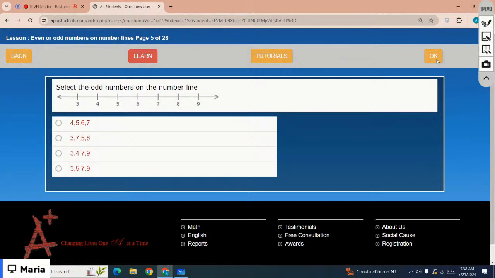Select the odd numbers on the number line. So, which is the correct option? They are 3, 5, 7, and 9 is the correct option.